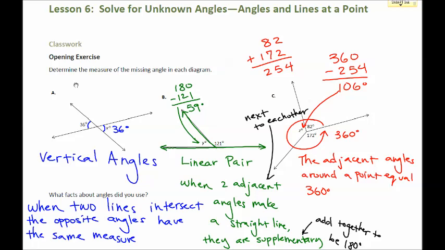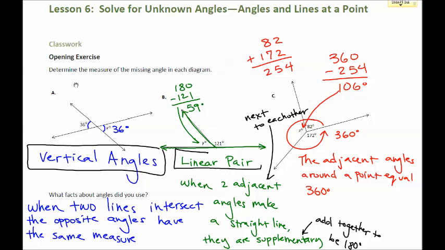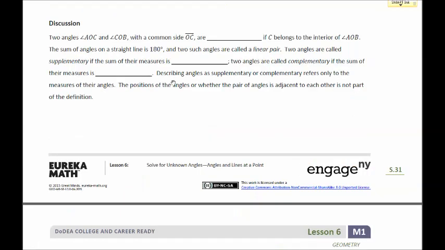Okay, so the three big ideas that we'll learn in lesson 6 are about vertical angles, linear pairs, and about adjacent angles around a point. Two angles, angle AOC and angle COB with a common side, ray OC, are blank if C belongs to the interior of AOB.